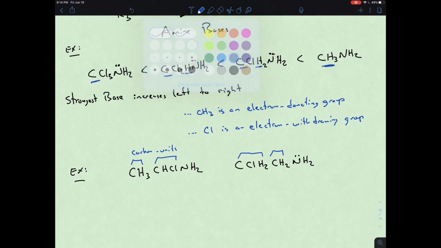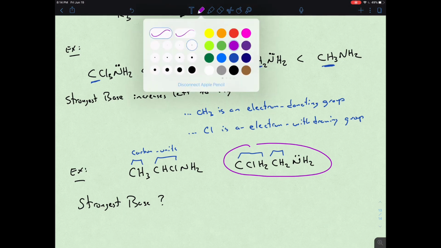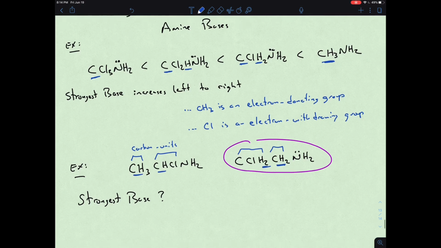And if we ask the question of strongest base, that would be our molecule on the far right. We have more electron donating groups closer to that NH2, while we have more electron withdrawing groups, but they're further away.